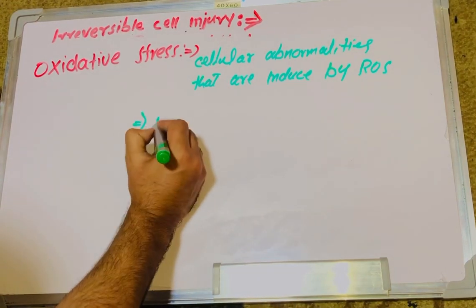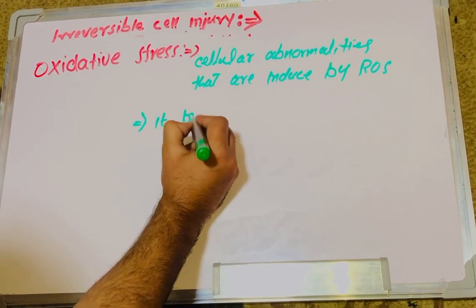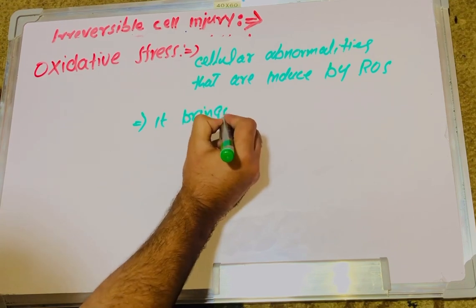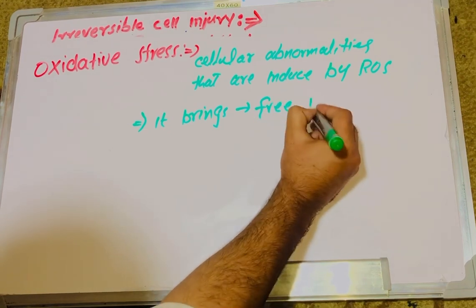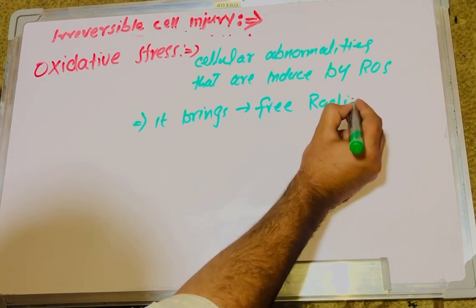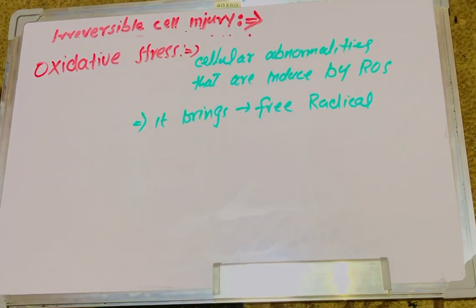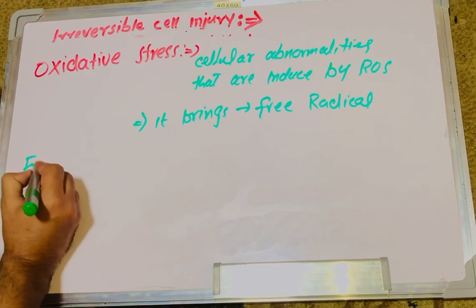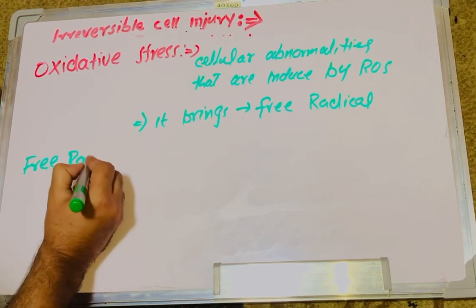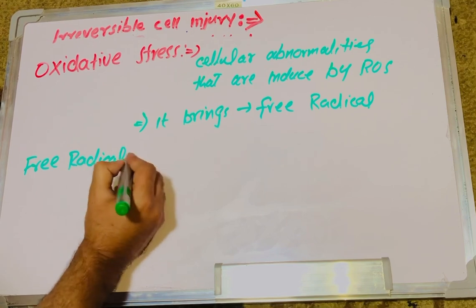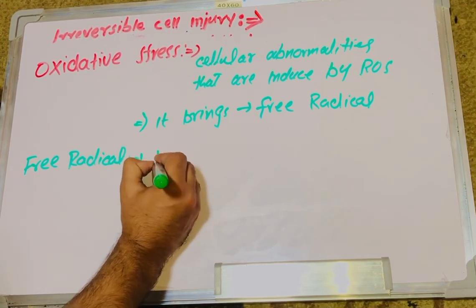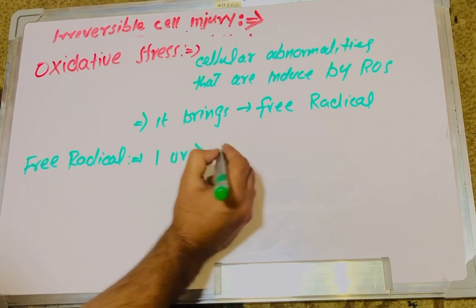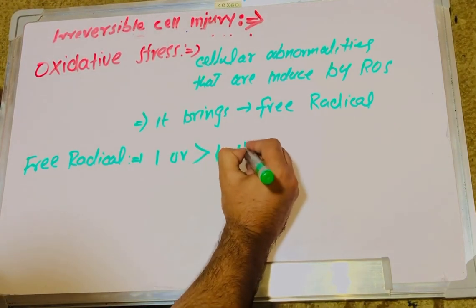It brings the concept of free radicals. So what is a free radical? A free radical is a molecule with one or more than one unpaired electron.